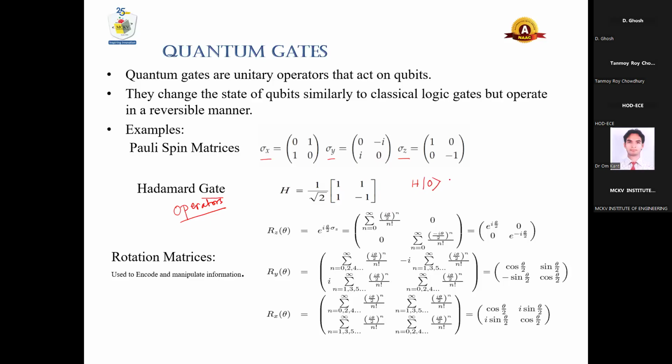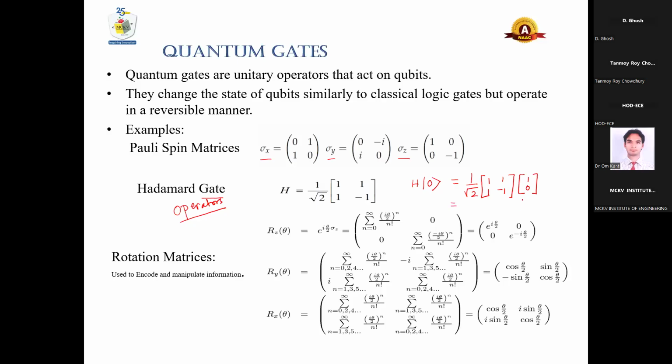What I want you to do is calculate this: 1 over square root of 2 times the matrix 1, 1, 1, minus 1. And if you remember, ket 0, I told you in vector notation, was 1, 0. So what is this value?